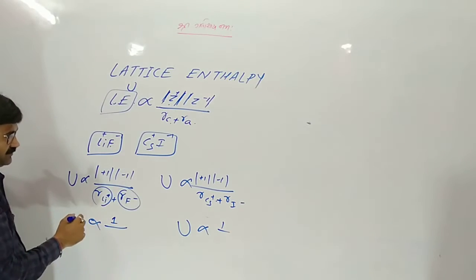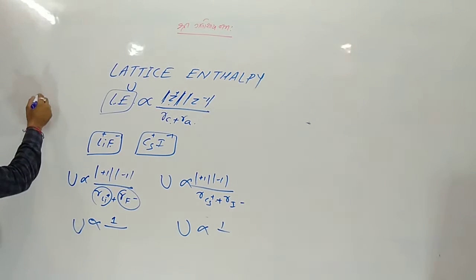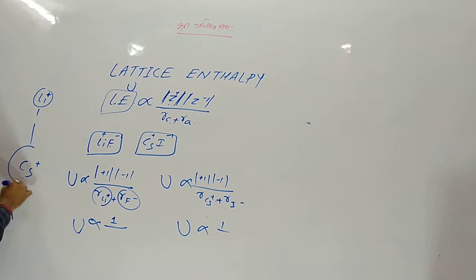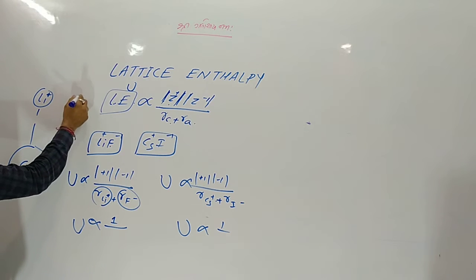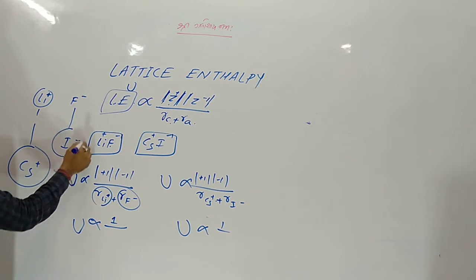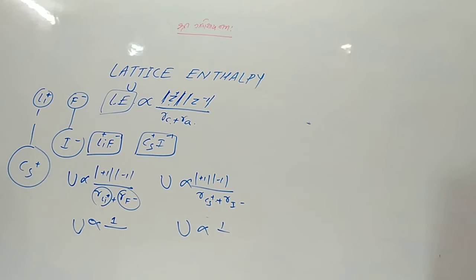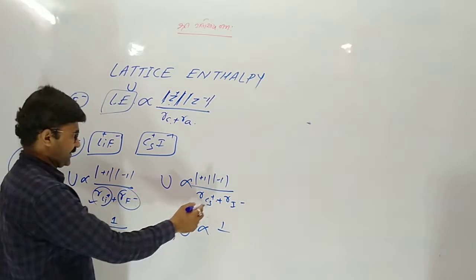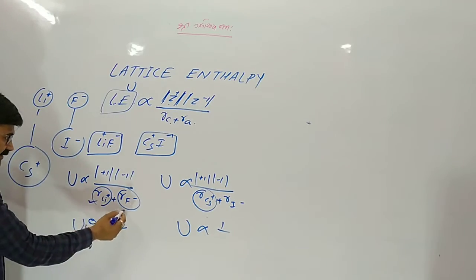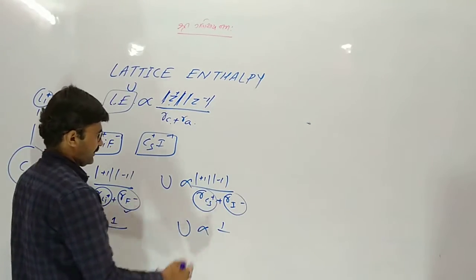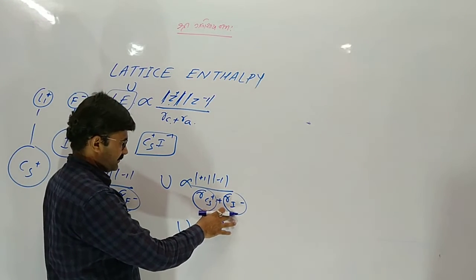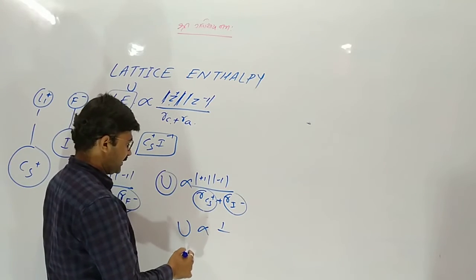In the periodic table, size increases from lithium to cesium, and in halogens from fluoride to iodide. So the radius of lithium is less than cesium, and the radius of fluorine is less than iodide. Here the radius is high, so lattice energy should be low.